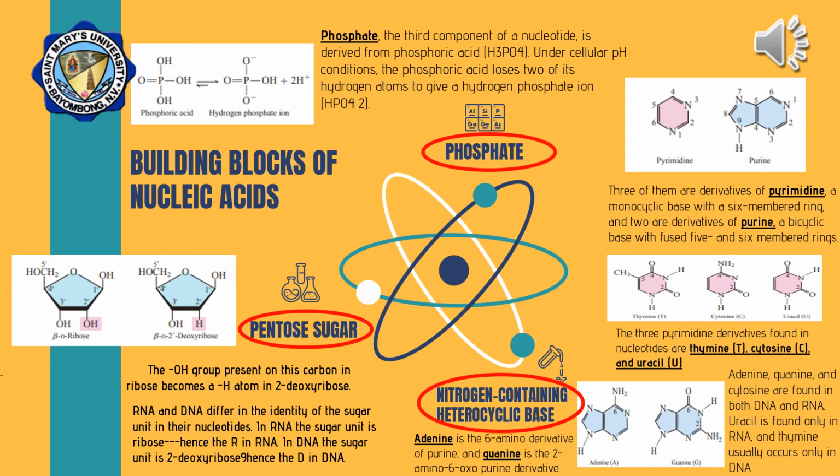Moving on to the nitrogen-containing heterocyclic bases, there are 5 nitrogen-containing heterocyclic bases which are nucleotide components. 3 of them are derivatives of pyrimidine, a monocyclic base with a 6-membered ring, and 2 are derivatives of purine, which is a bicyclic base with fused 5- and 6-membered rings.